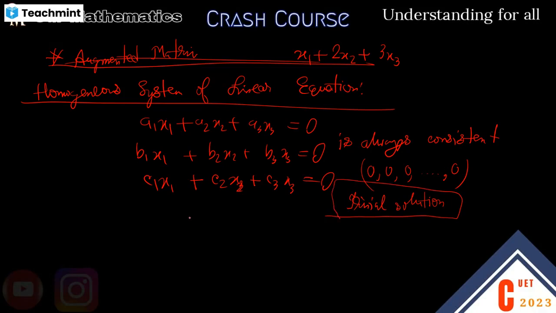But if a non trivial solution exists, that means there is a solution which has elements other than 0, then it is called a non trivial solution. And if a non trivial solution exists, that means there is no unique solution, because the trivial solution is always there, so it has more than one solution. That means it will have infinitely many solutions.